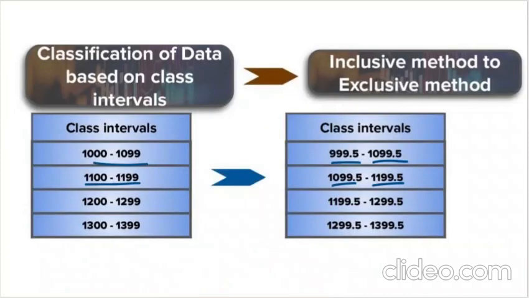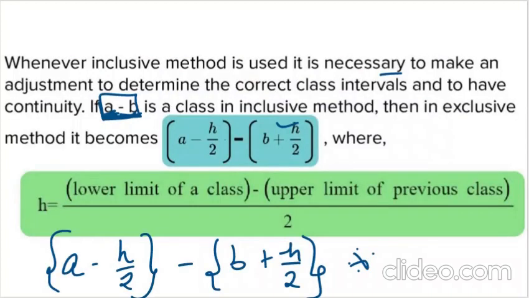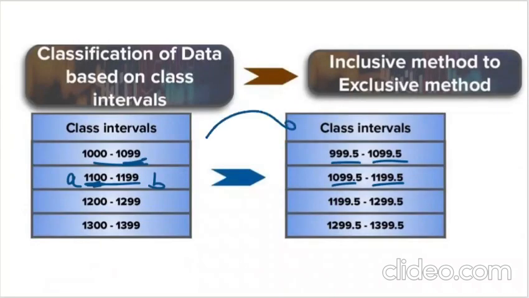So the same method is applied here also. The same method is written in the form of a, b. This is the lower limit of the class and the upper limit of the previous class is given. Then divide by 2 and you will find the value of h. Once you have the value of h, you can use this formula and make it into the exclusive method.